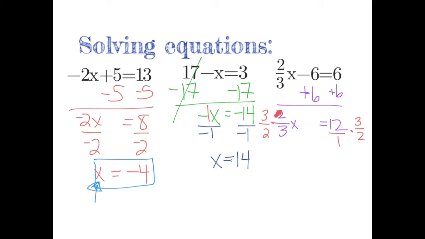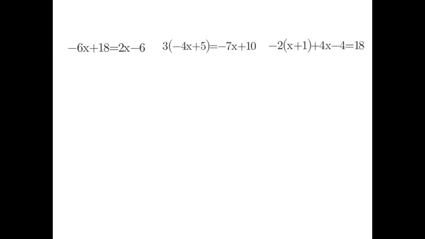This simplifies to a 1. So you're just left with 1x, or just x on the left-hand side. And then on the right-hand side, this does not always simplify, but in this case it does. 12 times 3 is 36. Divide that by 2 is 18. So x equals 18.